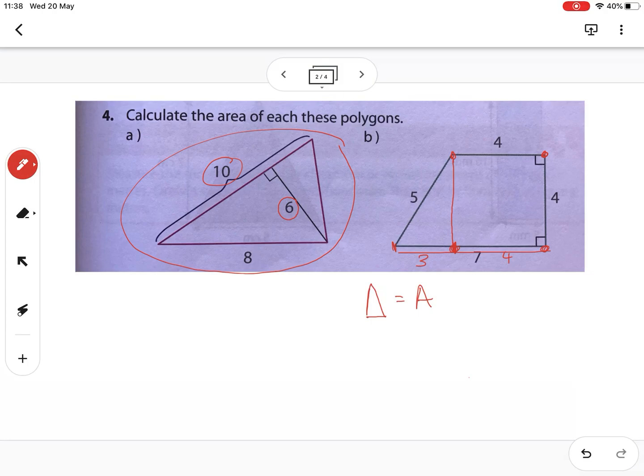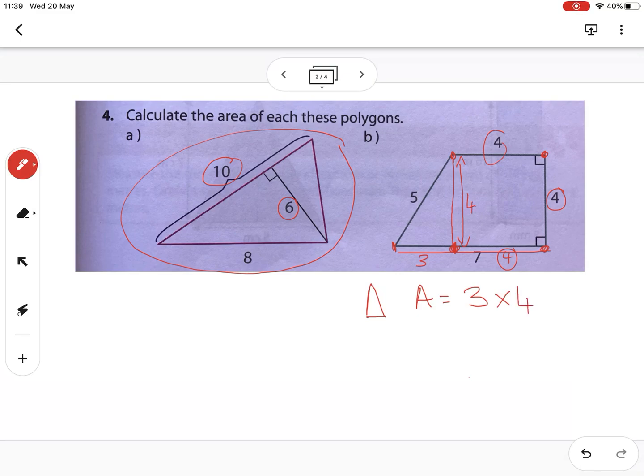Okay, so for my area of my triangle, I can use 3 as the base. For my height, well, it's not given exactly, but if this is 4 and that's 4 and that's 4, this is a square, so this is also 4.